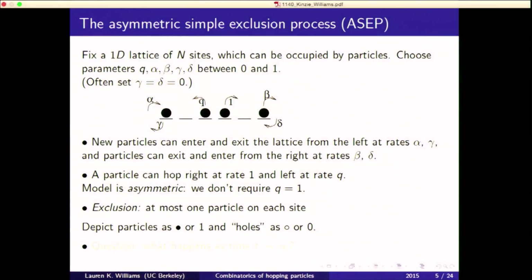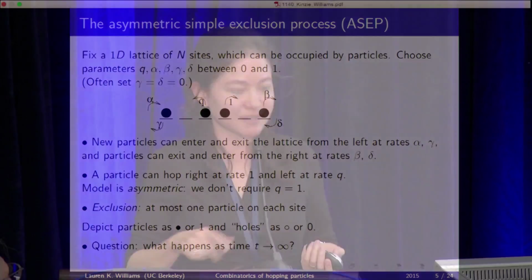At this point they're not yet probabilities, but they're rates. But I'll make everything precise as a Markov chain in a moment. So particles I will depict as black circles or 1, and holes as white circles or zeros. And a basic question is, well, what happens as time goes to infinity? What kind of distribution do you expect?